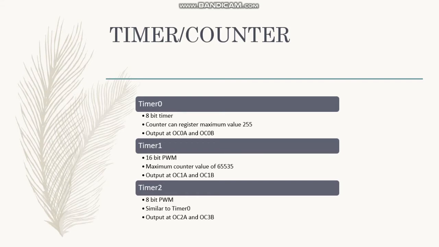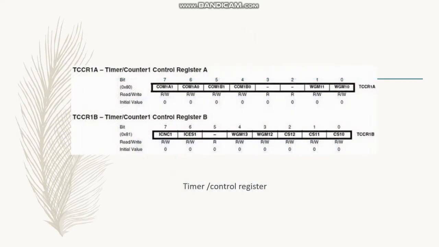And timer 2 has 8-bit PWM similar to timer 0 and the output is at OC2A and OC2B. This is the timer and counter control register. There are 8 bits from 0 until 7 and the initial value is 0.